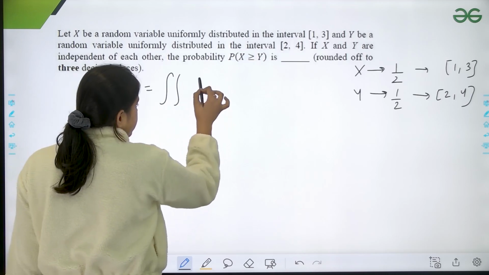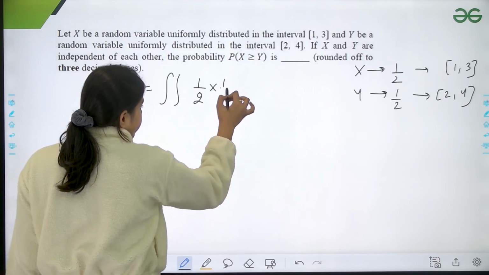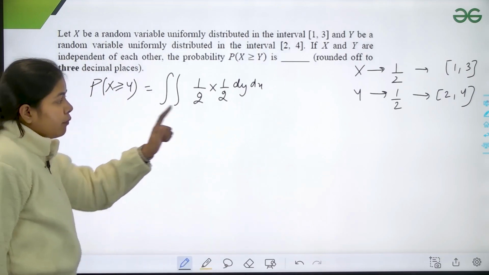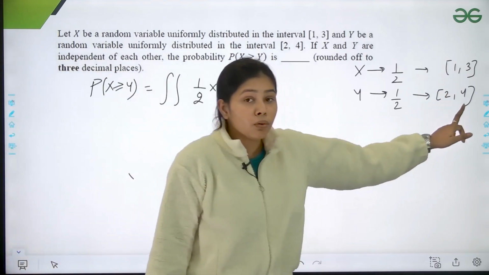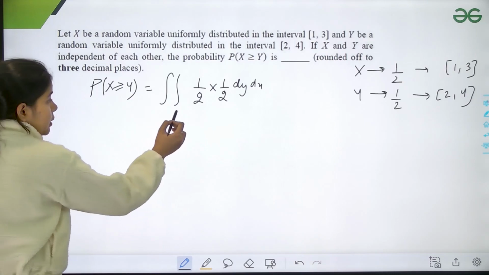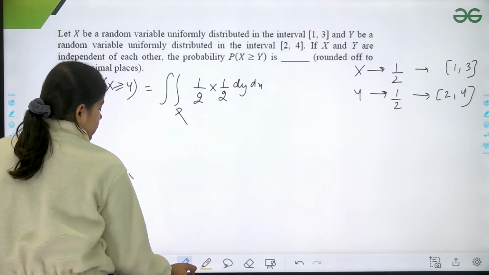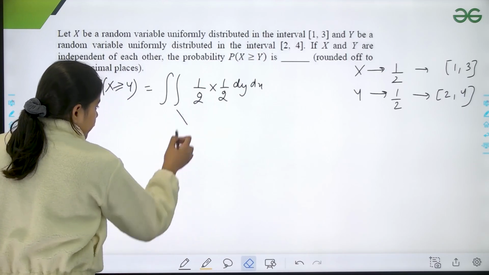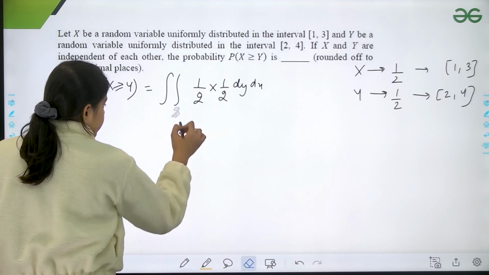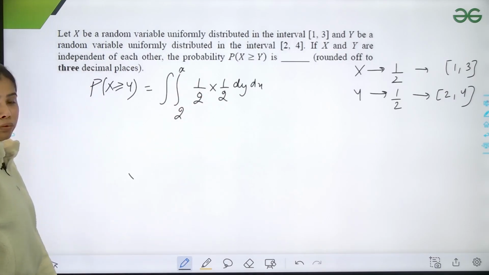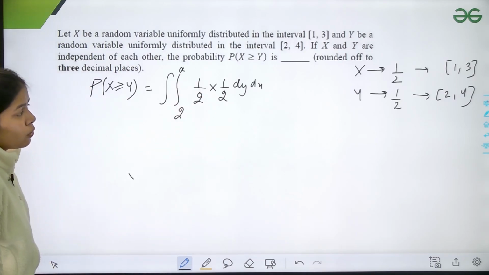That means I have to take both the densities, 1/2 and 1/2, dy dx, and y starts from 2 and goes up to x. Y can go from 2 to x, and x can go from 1 to 3.